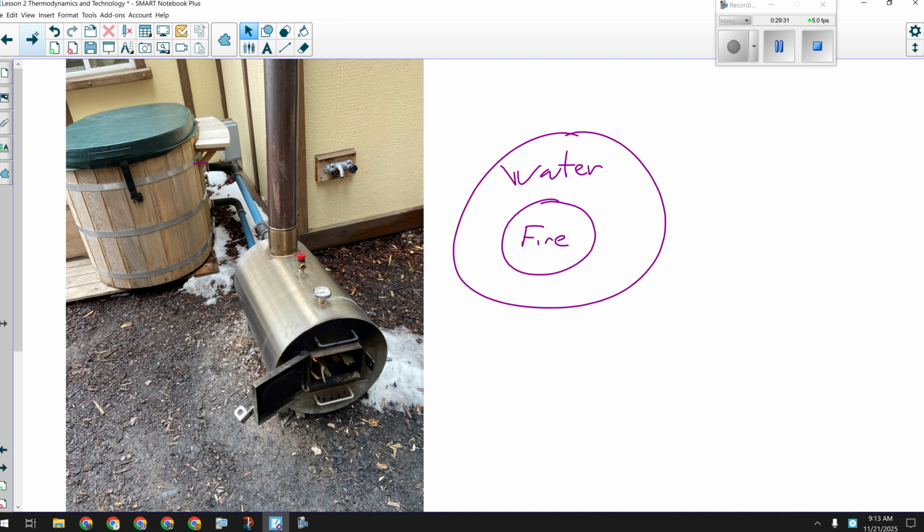It hurt to get in, so we had to dump some ice in it just to cool it off. But all it did was use the second law of thermodynamics. The water went from hot to cold, the cold water dropped, came back in towards the hot, and it just kept flowing. Simple design, and it didn't need a pump.